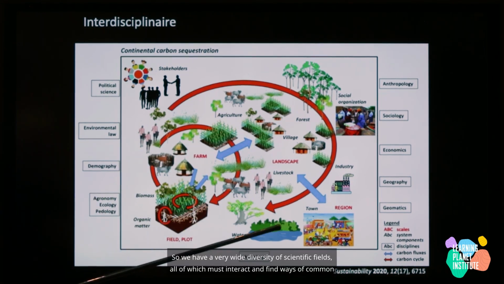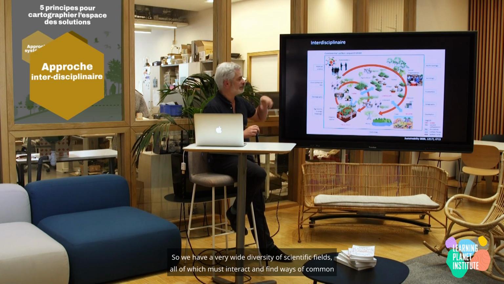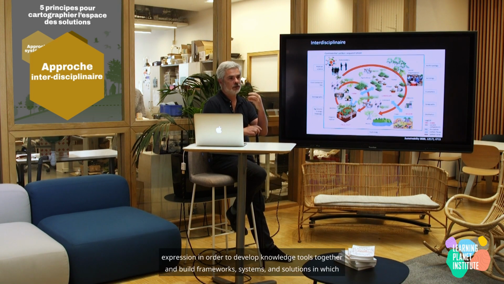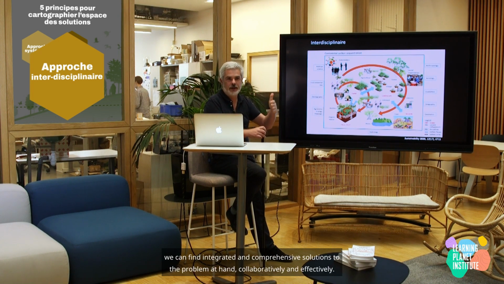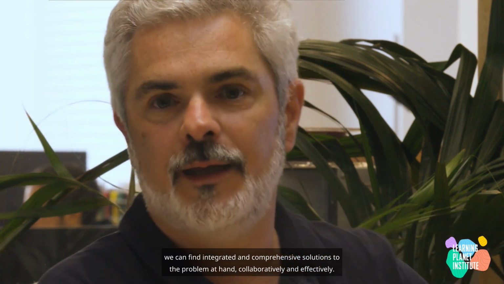So we have a very wide diversity of scientific fields, all of which must interact and find ways of common expression in order to develop knowledge tools together and build frameworks, systems and solutions in which we can find integrated and comprehensive solutions to the problem at hand, collaboratively and effectively.